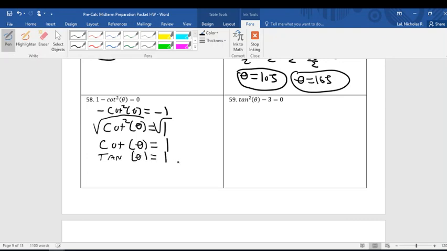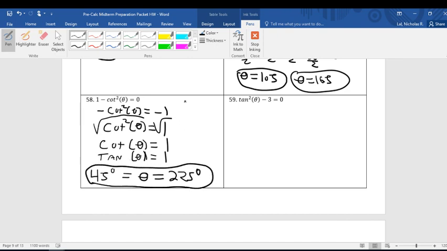And when is the tangent of theta equal to 1? This is going to be looking at your unit circle values, your trig values. That should be at 45 degrees and 180 plus 45 degrees. So 45 degrees is equal to theta, and also 180 plus 45, which would be 225 degrees. Once again, this comes from knowing your unit circle.